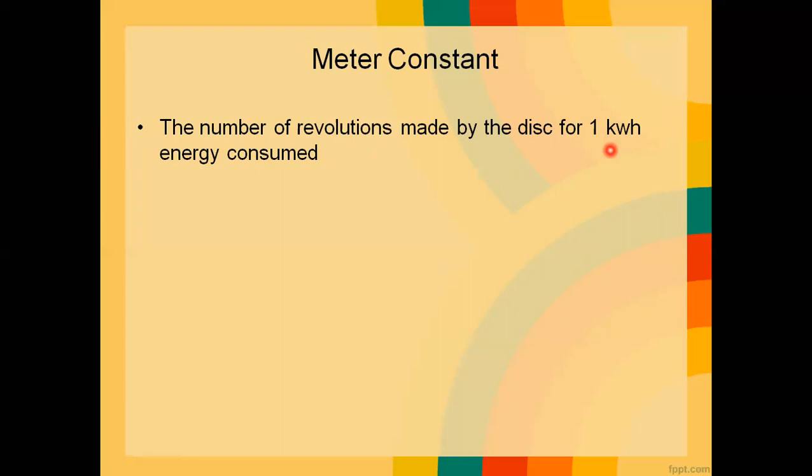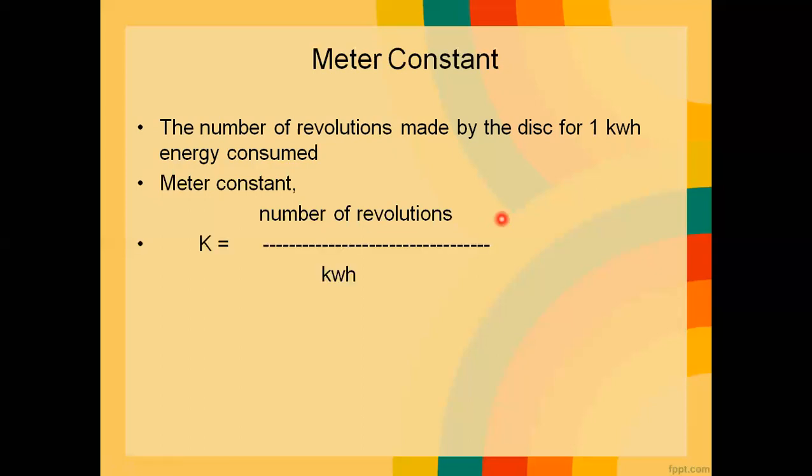So if you say 1 kilowatt hour energy consumed, it means 1 unit of energy is consumed, or vice versa. Now the meter constant is the number of revolutions per kilowatt hour. This is capital letter K, which is the meter constant. Please note it down.